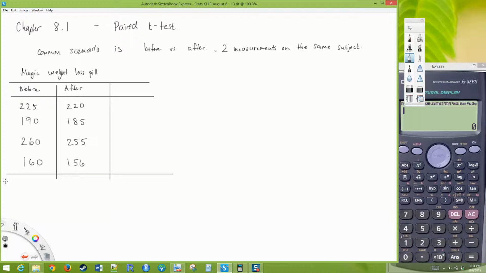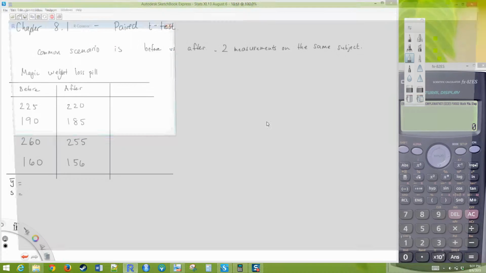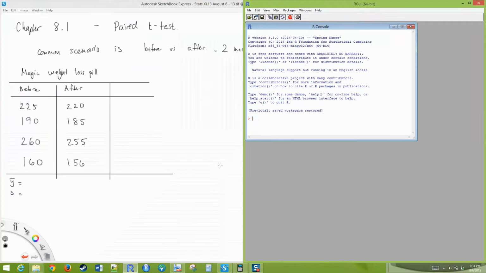Now the Y bar and S. I'm going to use vanilla R just for this. So we're going to get the mean of 225, 190, 260, and 160. So 208.75.